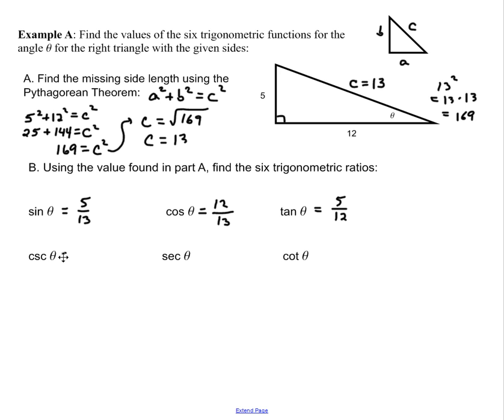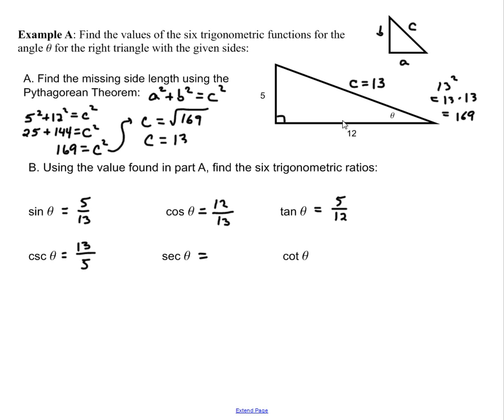Cosecant of theta was defined as the ratio of the hypotenuse to the opposite side. So we're going to take the reciprocal of sine theta, 13 divided by 5. Secant was defined as the length of the hypotenuse divided by the adjacent side.